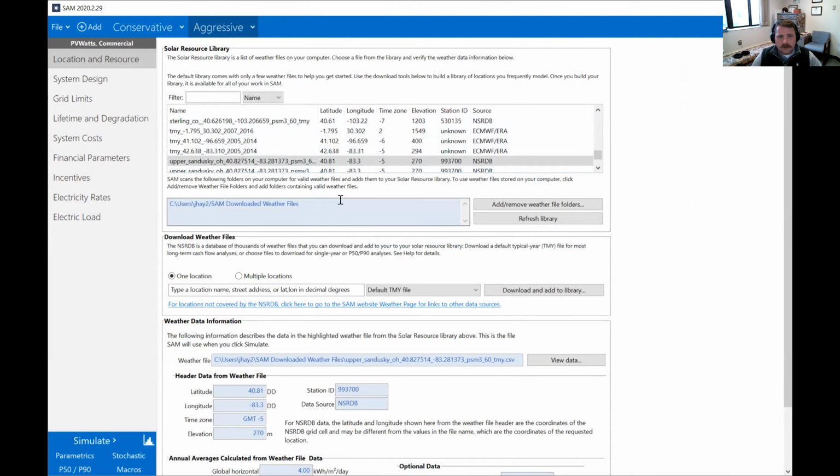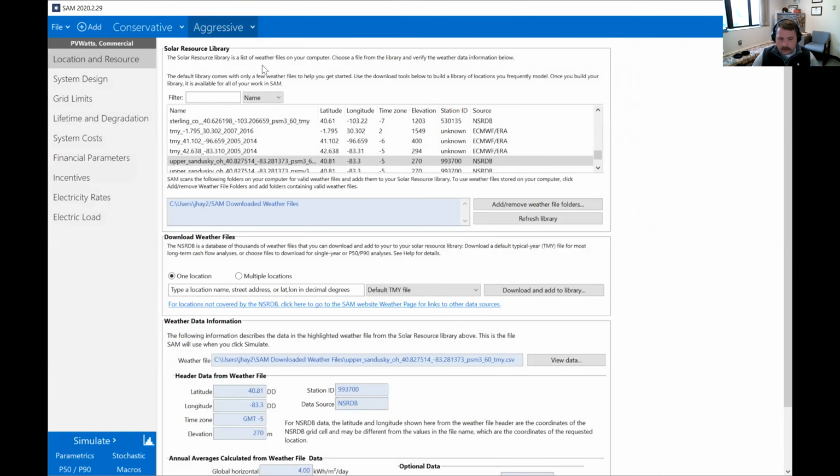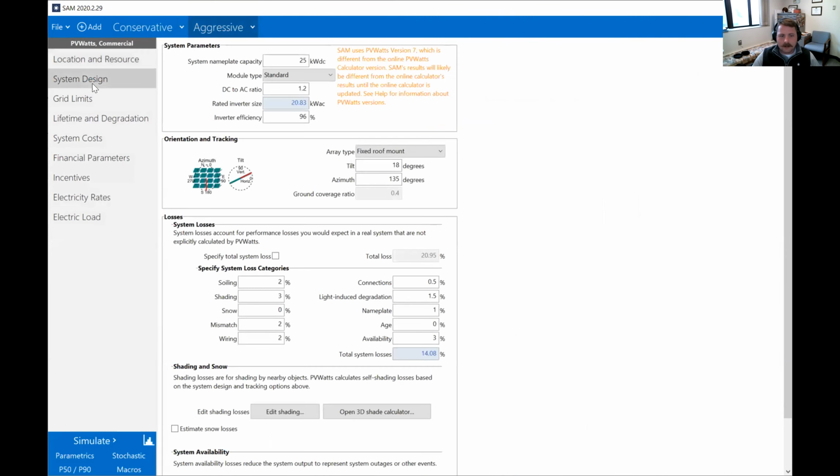And I'm going to try to represent this second one as an aggressive one. By clicking on the different ones, since I just copied, everything I did was already saved. But now I'm going to go through and change and make this an aggressive scenario.